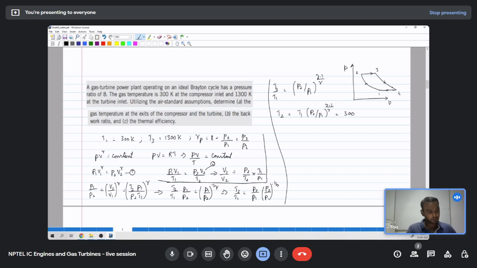The ratio between P2 and P1 is given as 8, and on the exponent we have 0.4 by 1.4, since gamma is taken as 1.4. So this is 543.4 Kelvin.